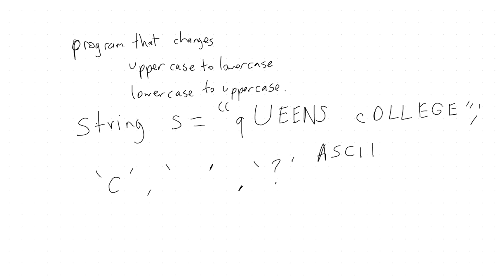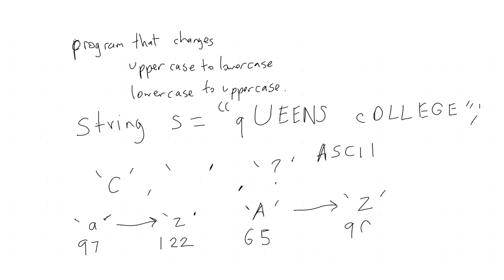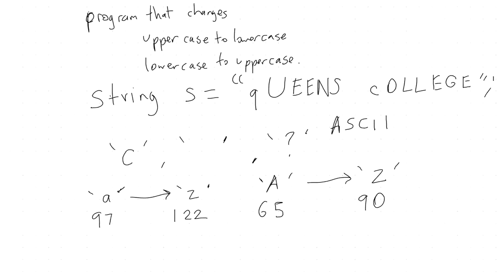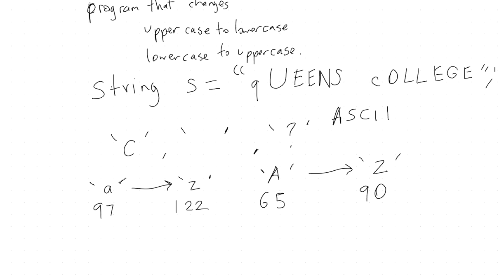But basically in the ASCII table, all lowercase letters from A to Z are contained in the range 97 to 122. All uppercase letters are contained in the range 65 to 90. These numbers, you don't have to know. There's a way to remember this so that you don't have to remember the number specifically.